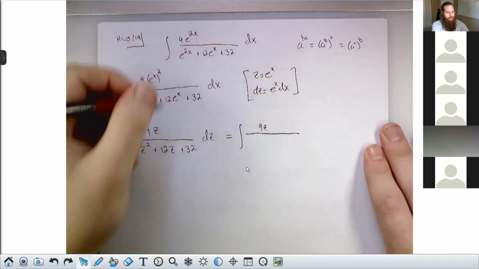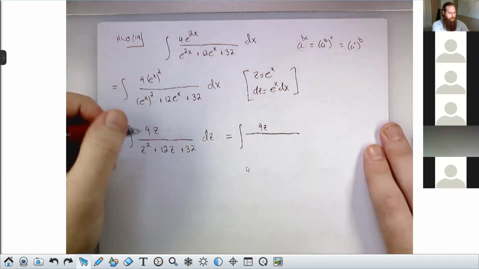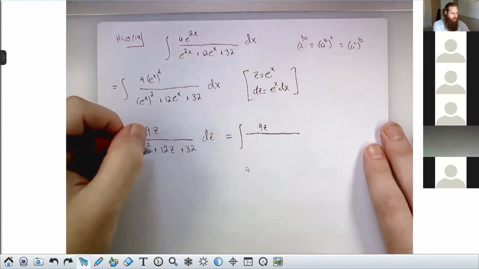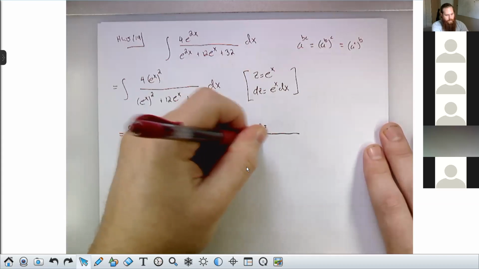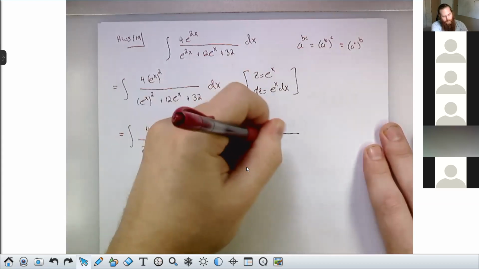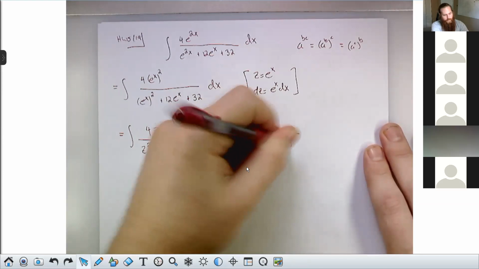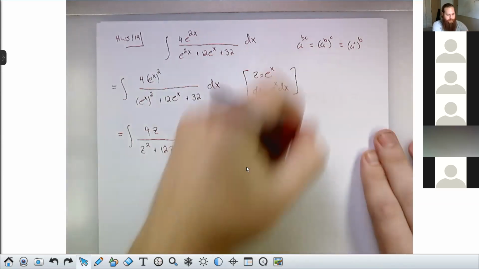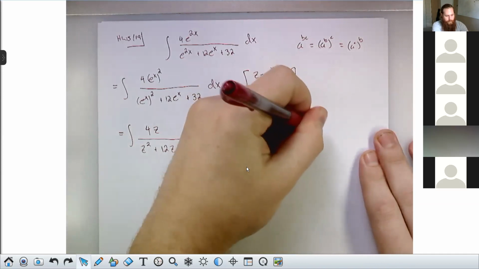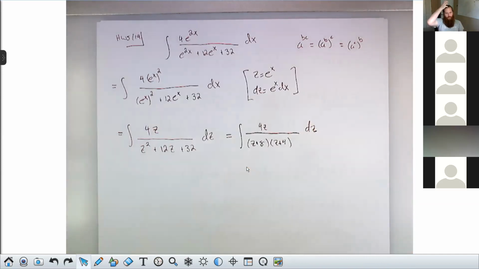Factor the denominator. Yeah, we gotta factor this thing. So that's z plus 8 times z plus 4, because 4 plus 8 is 12, and 4 times 8 is 32. So we're in luck. No repeated factors, no irreducible quadratics. The PFD is going to be easy.